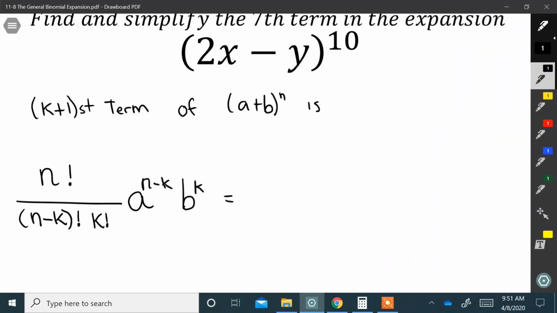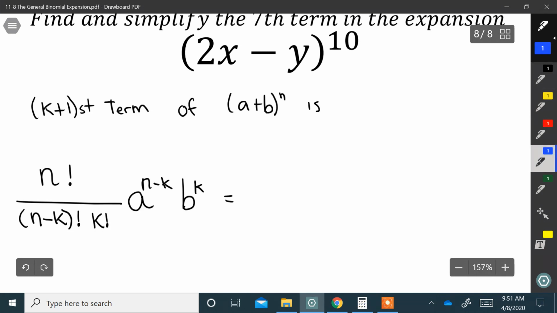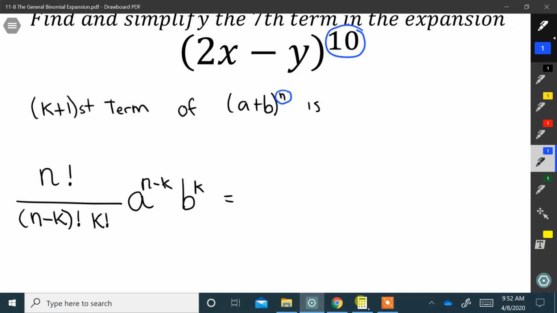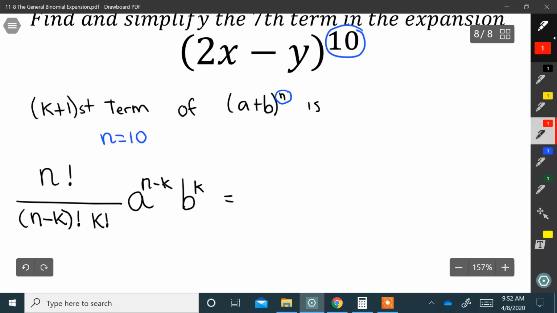Okay? The first thing you want to determine is, what is the n and what is the k? You only have to determine that for 2 of them. Well, the n is this right here. So in this problem, the n is right there. So the n in this case is 10. Let's talk about the k. It says the k plus 1 term.